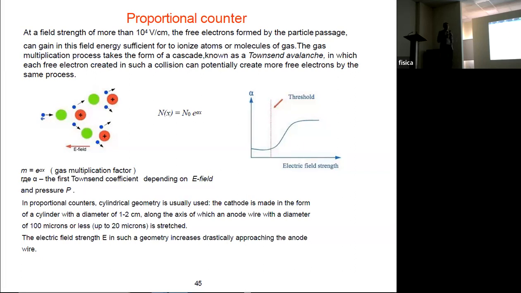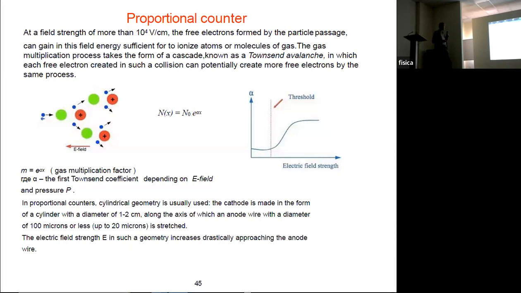You have, for example, one electron at the very beginning, and you will get at the end of this amplification about 1 million electrons. And this process is called the Townsend avalanche, and is also described by this exponential expression.